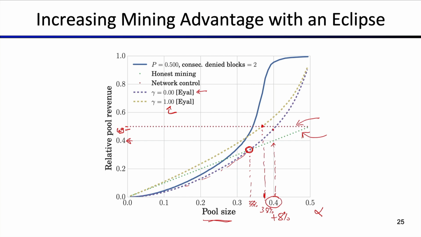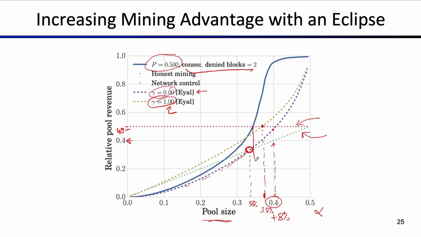Obviously, we know that the propagation parameter matters to increase the likelihood of an Eclipse attack or a selfish mining attack in this particular case. But now if we go beyond the standard selfish mining attack and add an Eclipse attack, so we have the 50% chance to consecutively deny 2 blocks to a miner, so this is P, in that case we can even lower the threshold.